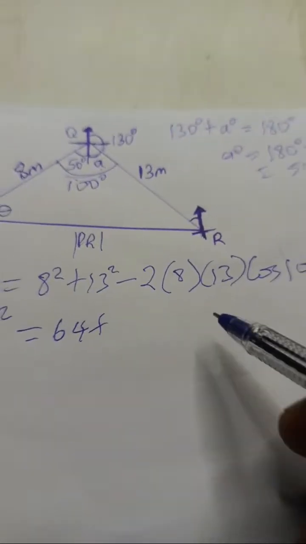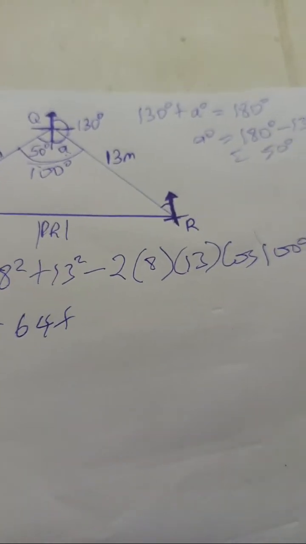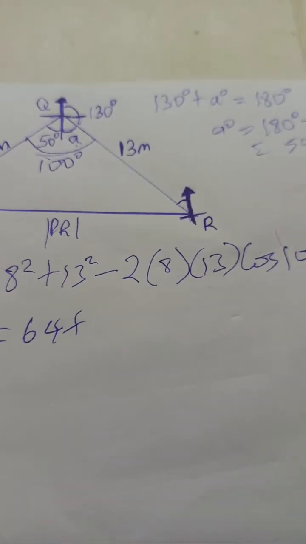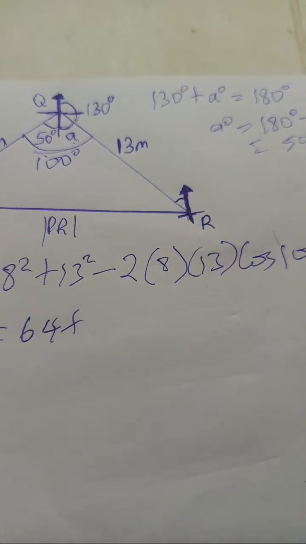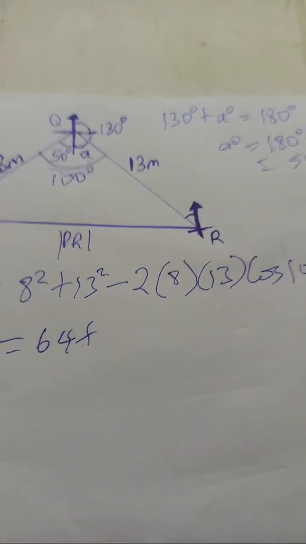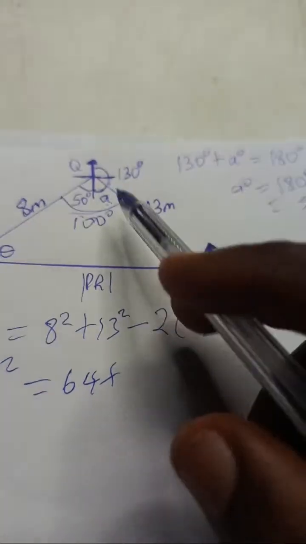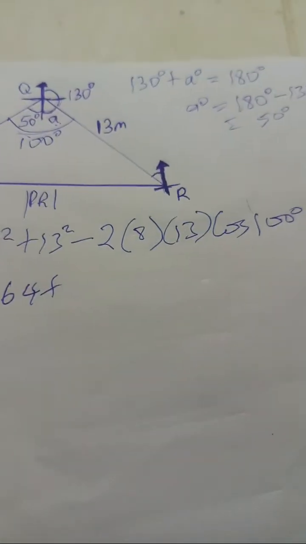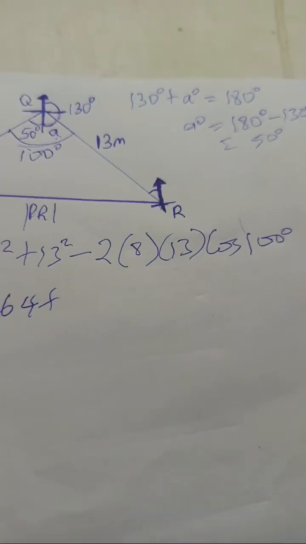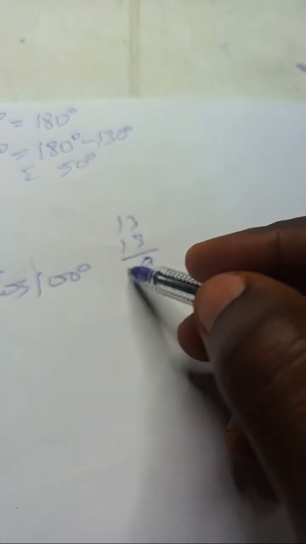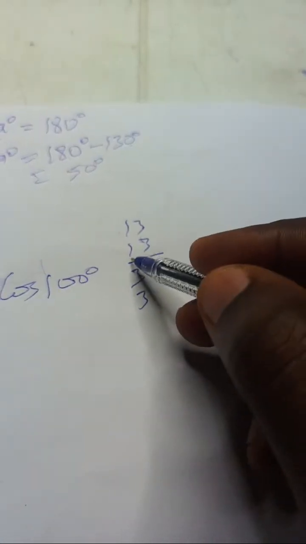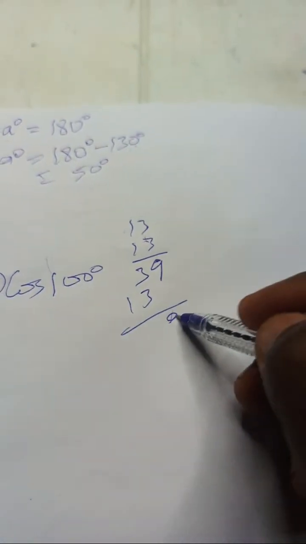So let's look at it. 13 squared, that's 13 times 13. What should it give us? As somebody said 50 degrees, yes, you are correct, 50 plus 50 will be 100. I've said that. So 3 times 3 is 9, 3 times 1 is 3, 1 times 3 is 3, 1 times 1 is 1.